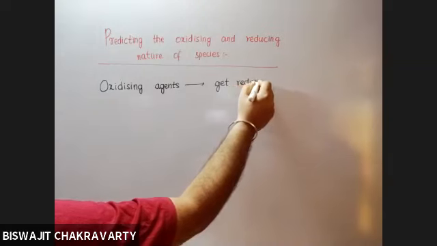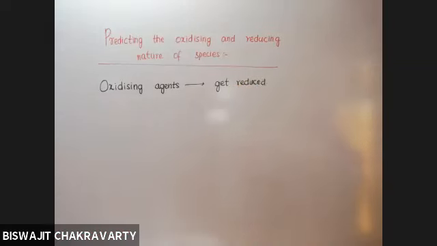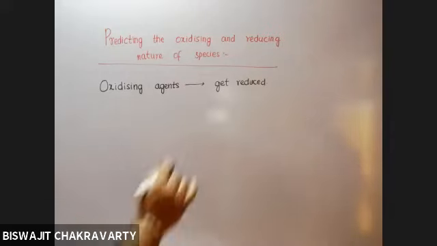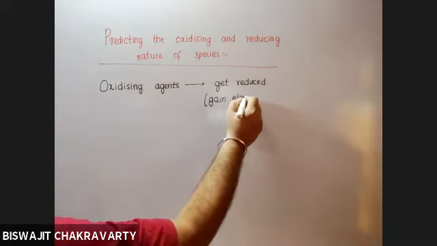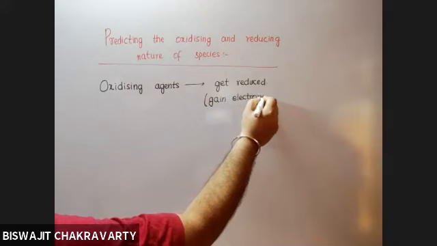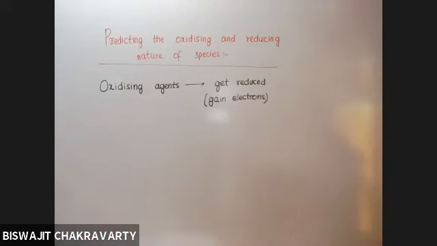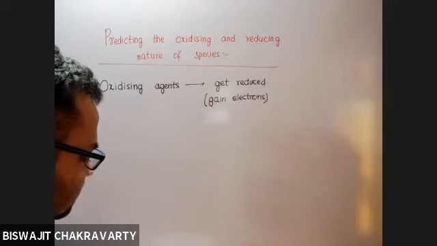They oxidize others. So last class we discussed this, but they themselves get reduced. And what is the meaning of the term getting reduced? It means they gain electrons, isn't it?